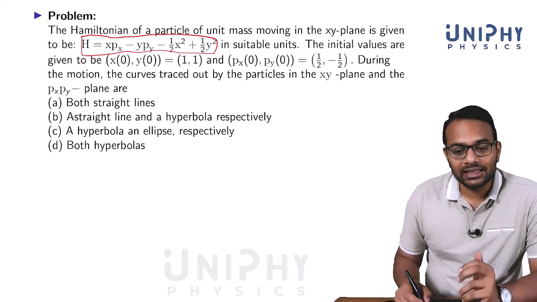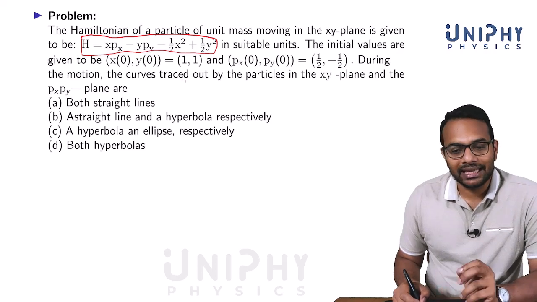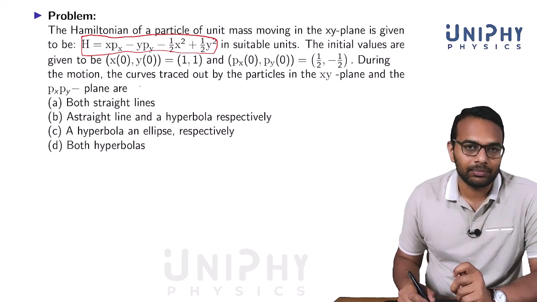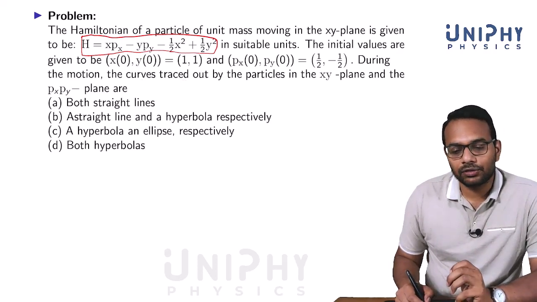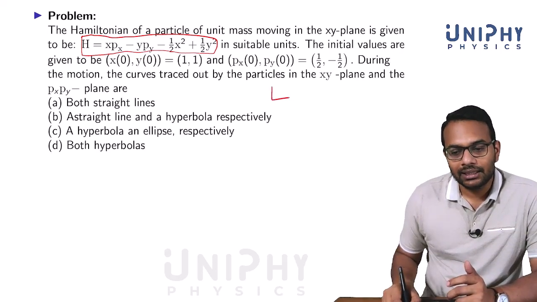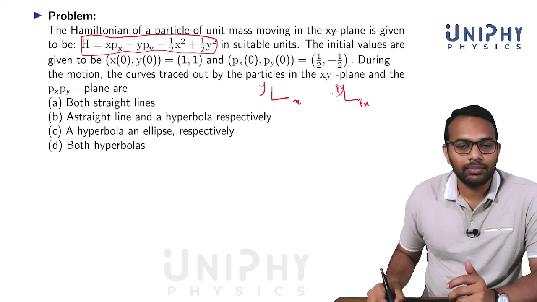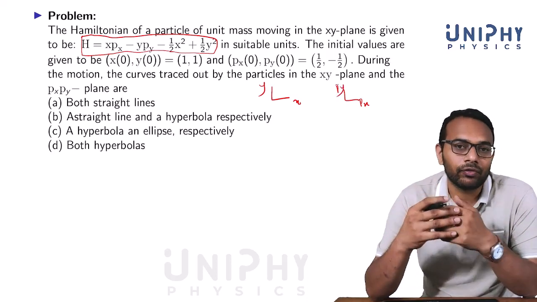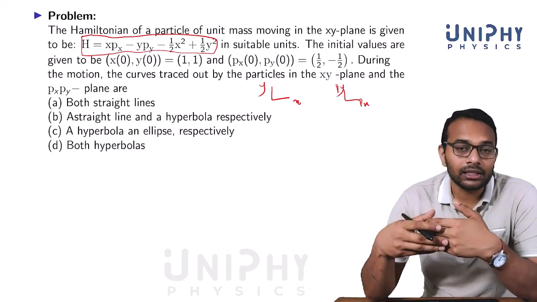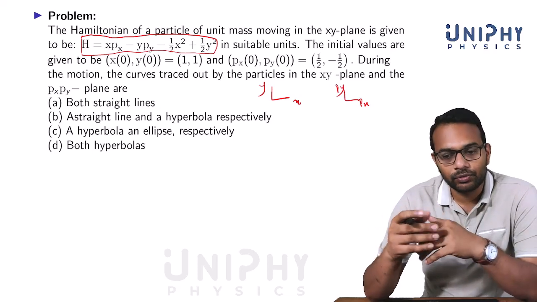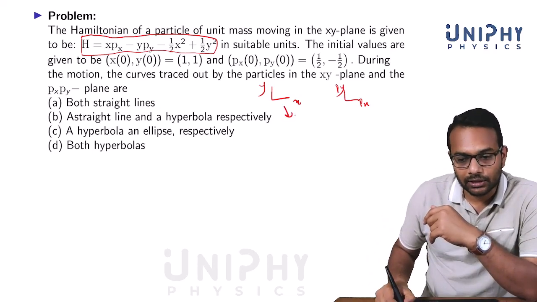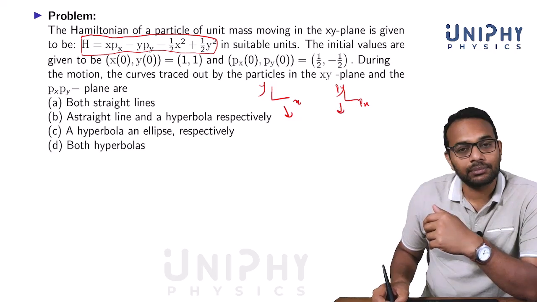During the motion, we are asked to find the curves traced out by the particle in the xy plane and in the px-py plane. So we are not asked to find the curves traced out in the phase space. We are asked to find the curves traced out in the coordinate space and in the momentum space separately.